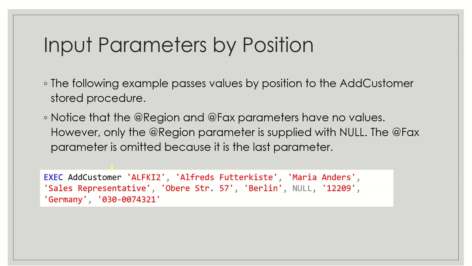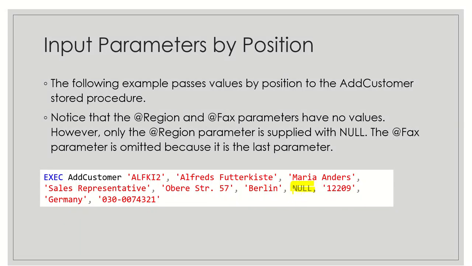So here's an example of that same execute statement for add customer, passing the values by position. And you can see how this might get a little bit confusing when there are so many parameters, making sure that they're all in the right order and in the correct position. And notice the null here, that in order to keep them in the right order, this was the region.